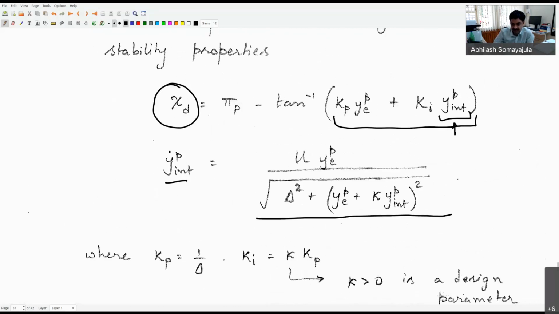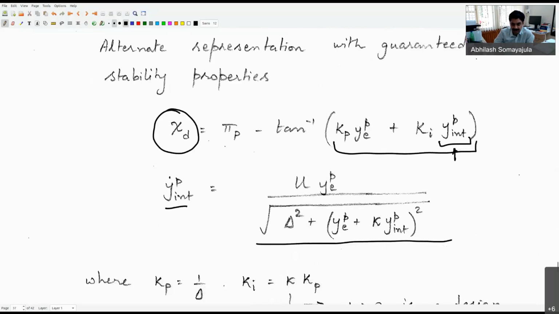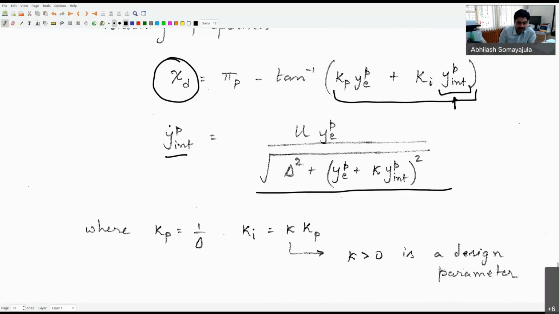Is that making sense? I think I might have missed a delta there somewhere. Actually, this delta will be divided by the whole thing by delta. Is everybody following me on this? Let's take a look back and make sure we understand this. Kp is 1 by delta, and ki is given as some k times kp.